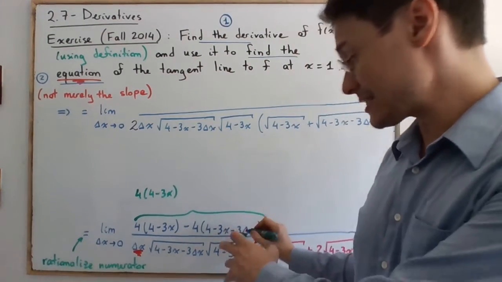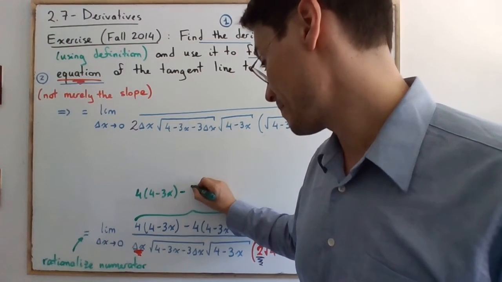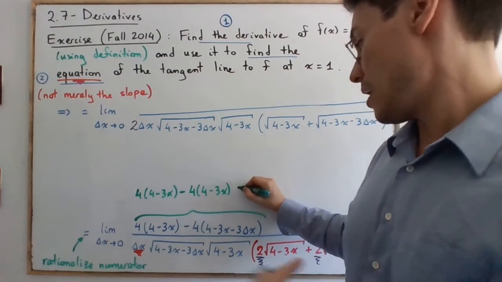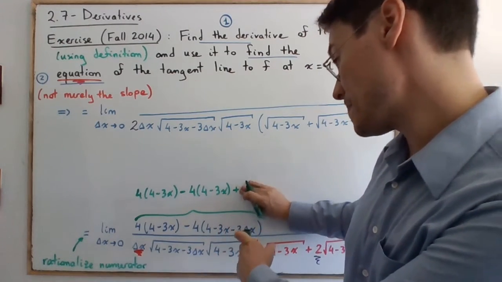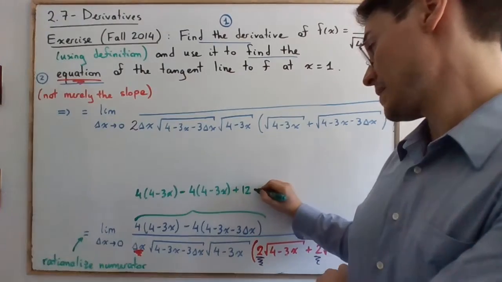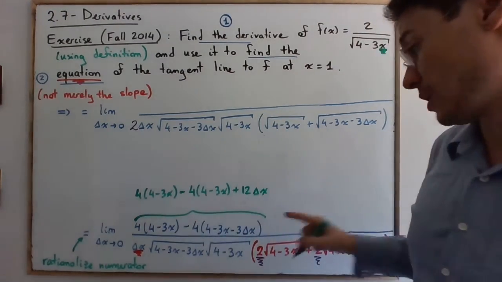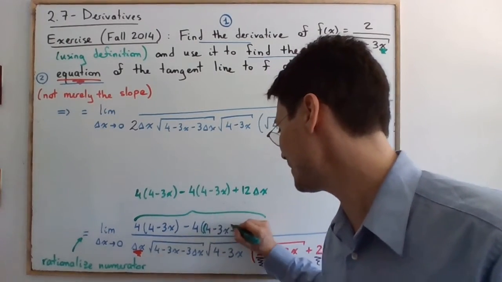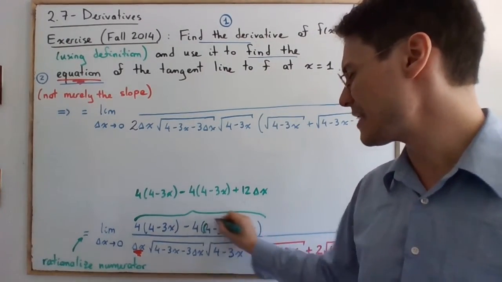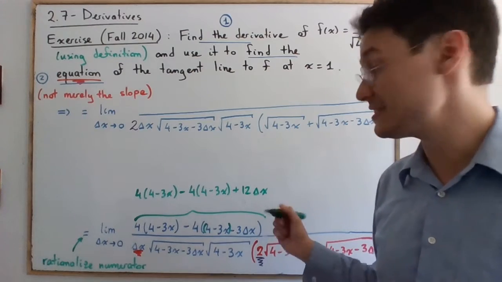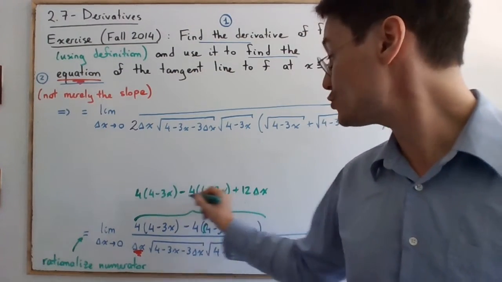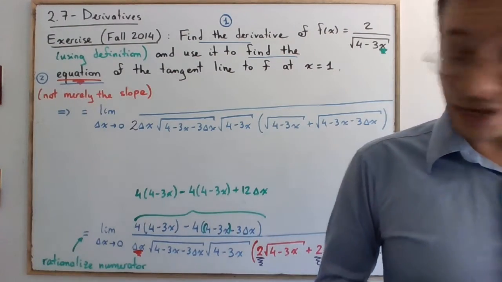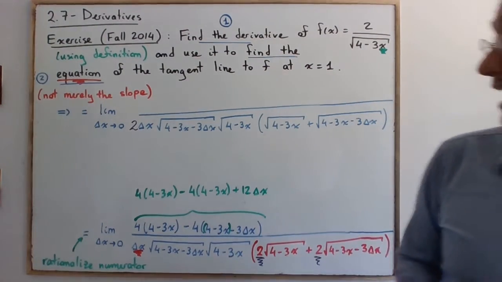I'm going to expand it, but this way. So minus 4 minus 3x, and then plus 12 times delta x. What I did is I considered this bracket and this term. So I expanded over these 2 terms instead of these 3 terms. And notice how these 2 cancel. Which means that at the top, what I'm left with is just 12 delta x.